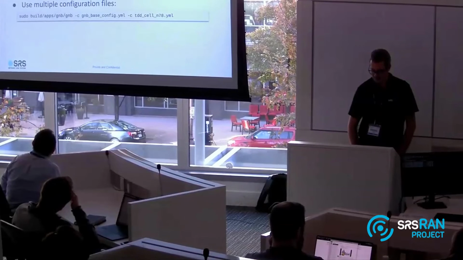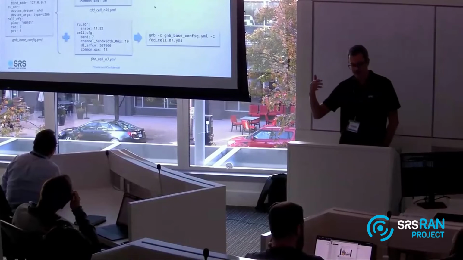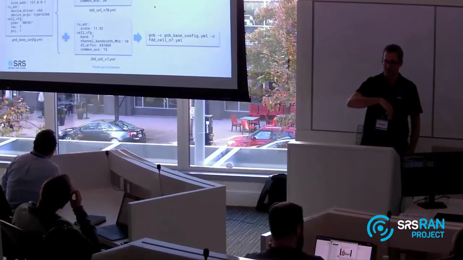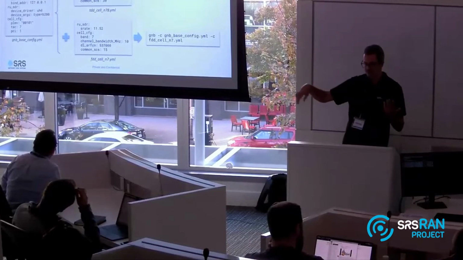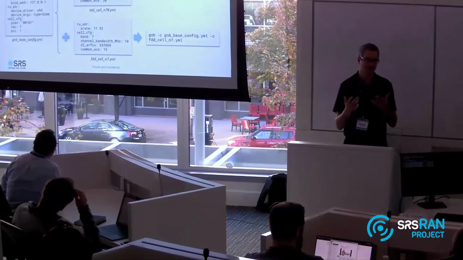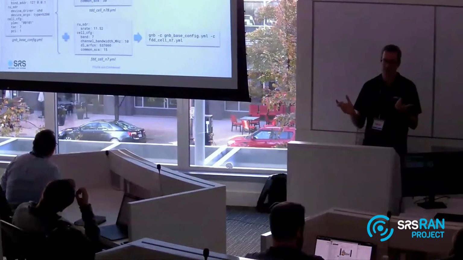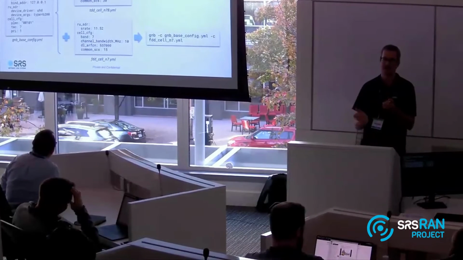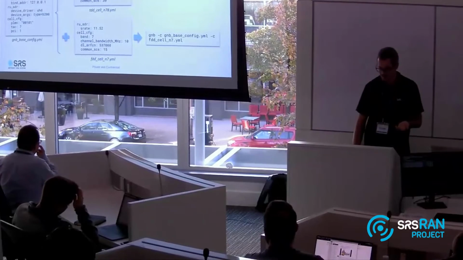Then you can just concatenate the two configuration files, and the second will override the parameters of the first one. You can concatenate all the files that you want, and you can have profiles for MIMO, profiles for slicing, and then if you want to run MIMO this time, you pass MIMO. If not, you don't pass it.